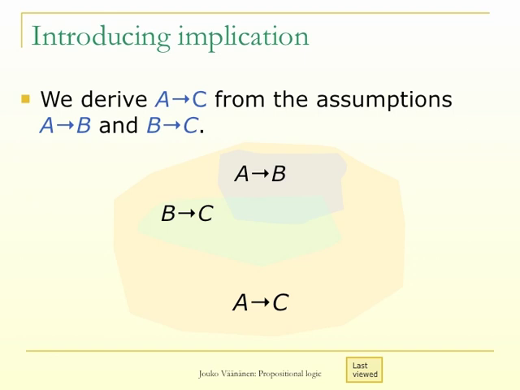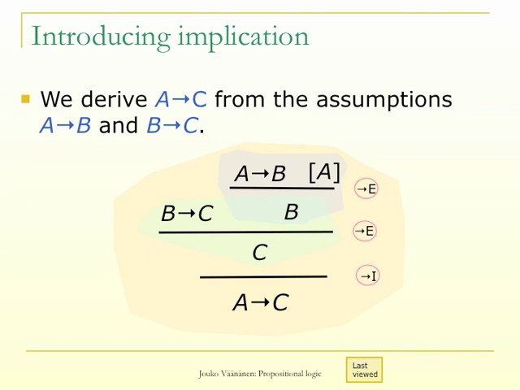So we make the temporary assumption A and try to derive C. Our assumption A implies B together with the temporary assumption A immediately gives B. From this and the other assumption B implies C, we get C. And we are done.